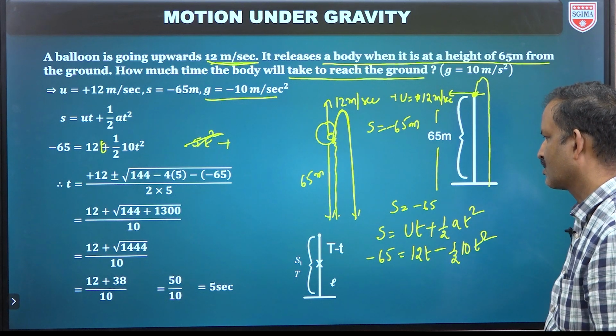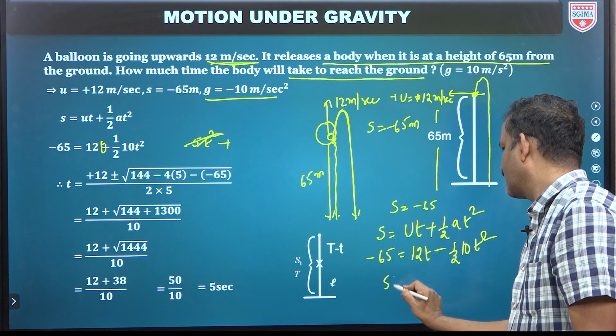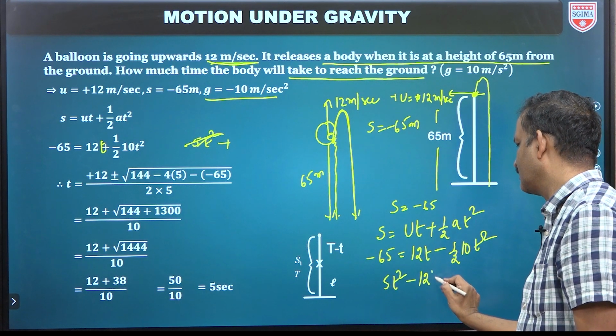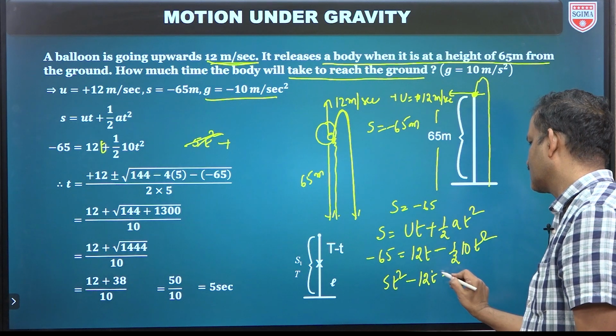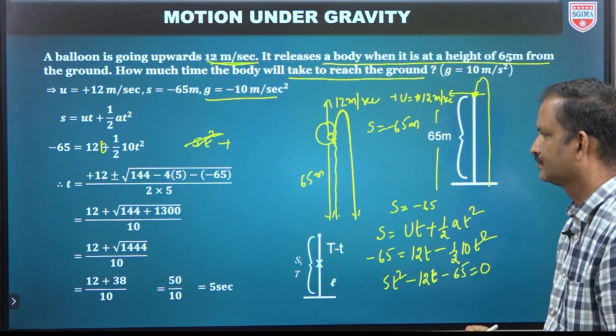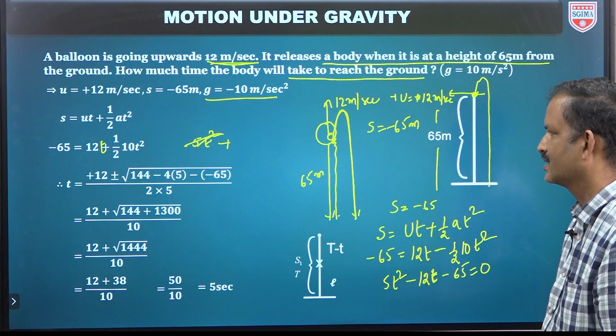So, solve this quadratic equation. 5t square, you can take to that side, minus 12t minus 65 is equal to 0. 5t square minus 12t minus 65 is equal to 0.